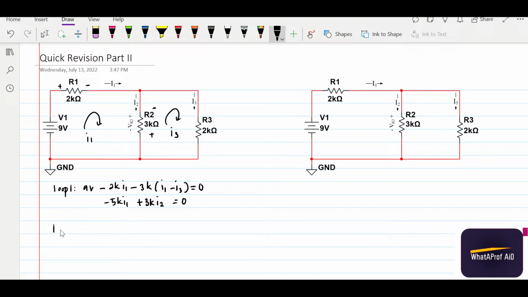And for loop 2, we can start with this resistor first. So we put plus minus, negative 2k I3, negative, ending this side, 3k. Here we have the effective current in this direction, I3 minus I1.